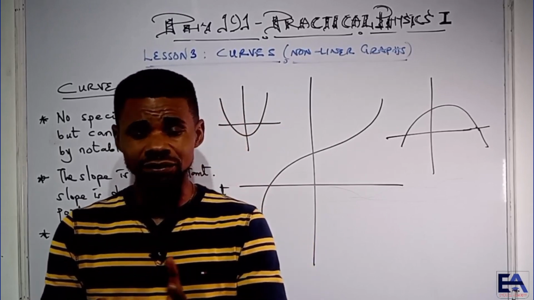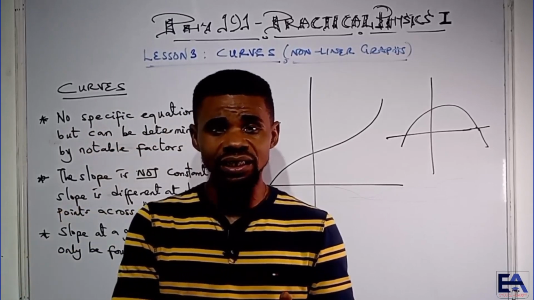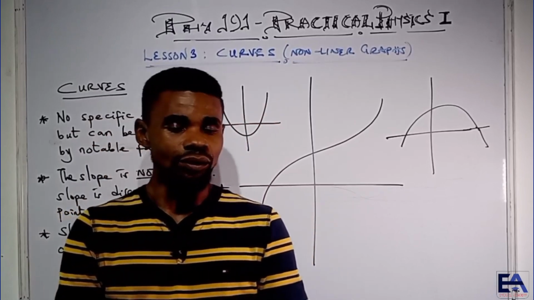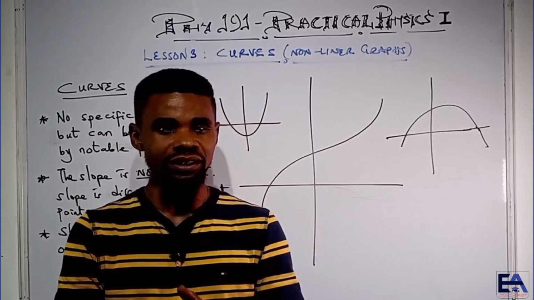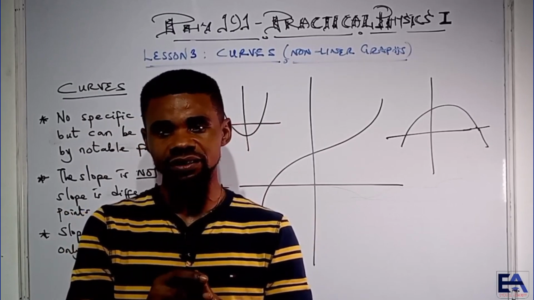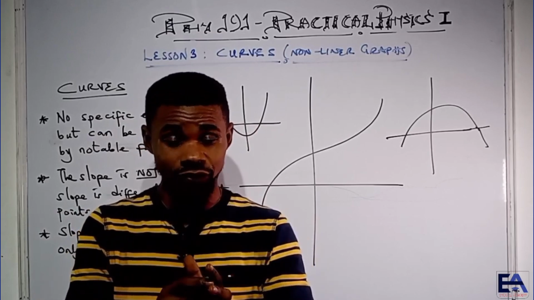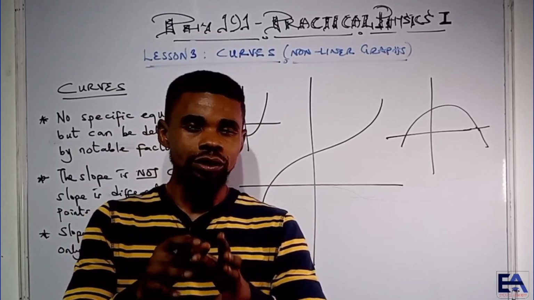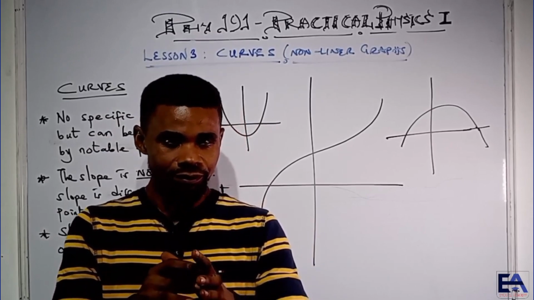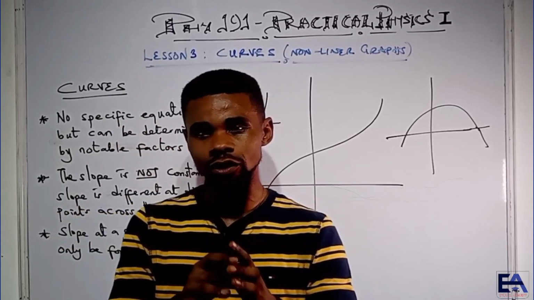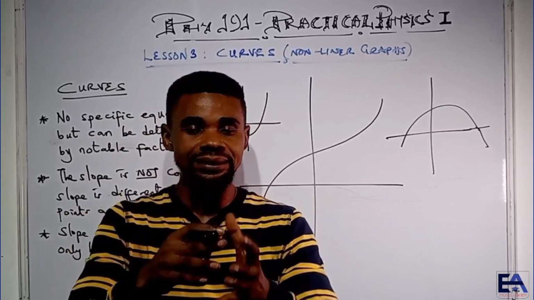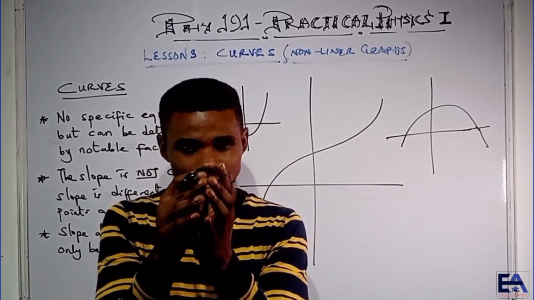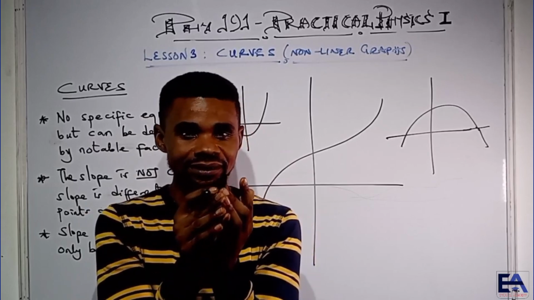Well, what determines principally whether an equation is linear or not linear? A major determinant is the coefficient of x, the x itself. The coefficient is the slope for a straight line graph. But what really determines whether a line is a curve or not is the situation of that x.